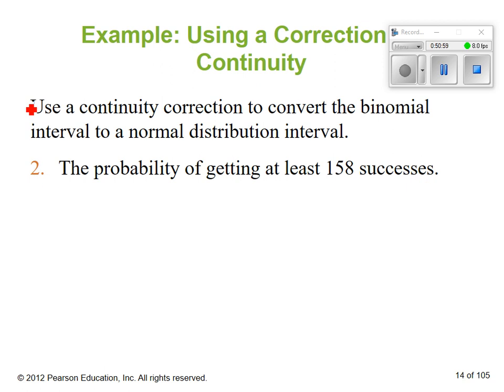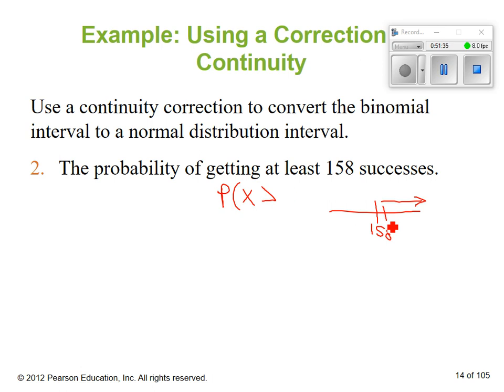Now, we want at least 158. Which way am I going, up or down? Up. So what's my probability going to look like? The probability of X being greater than, do we put in 158? What do we do if we want to go from 158?